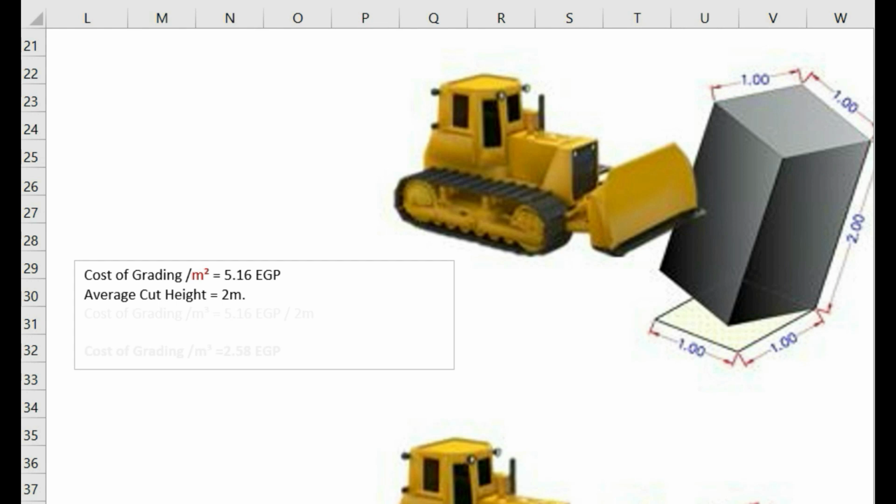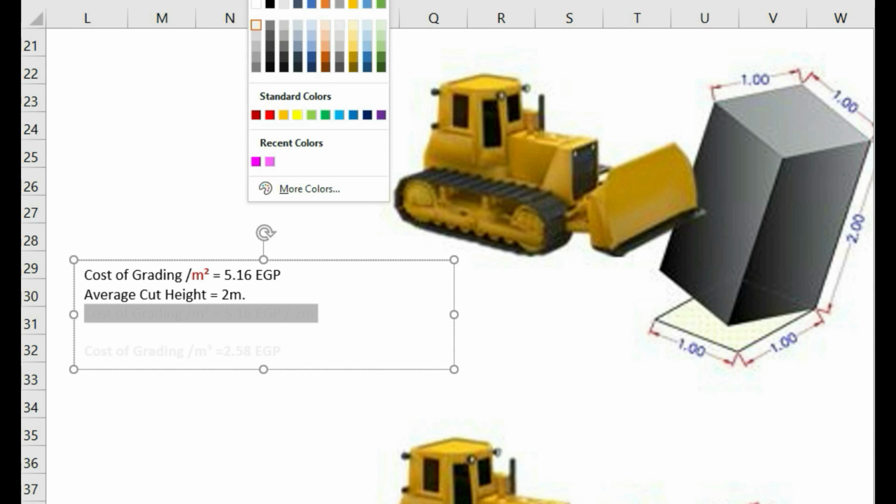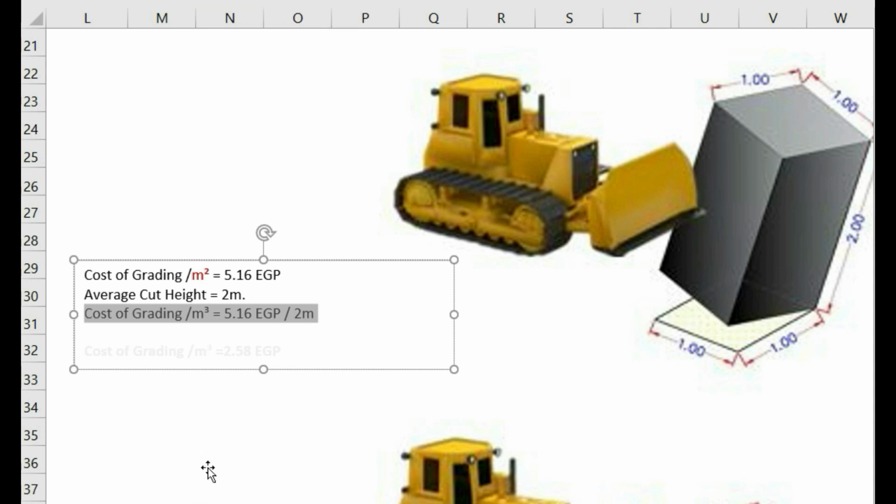It will be 2.58. So the grading cost in this case per meter cubic will be 2.58 Egyptian pound.